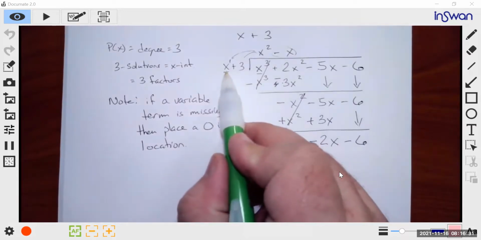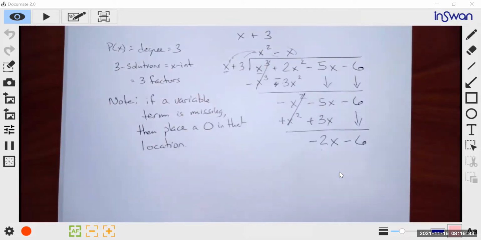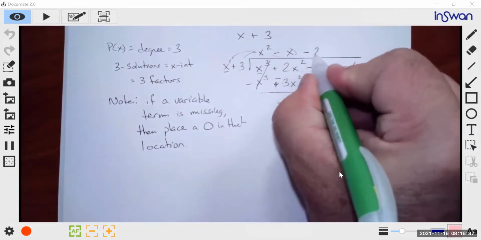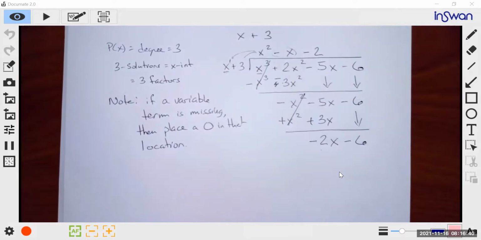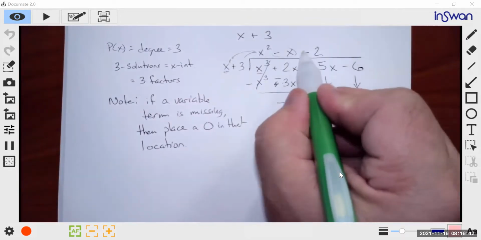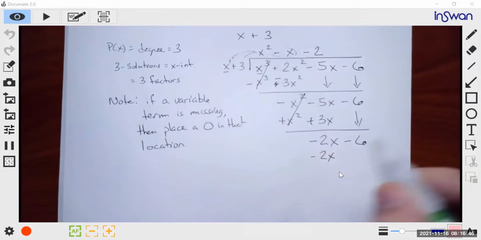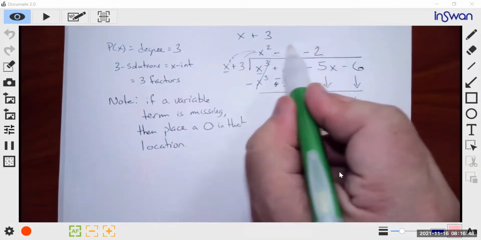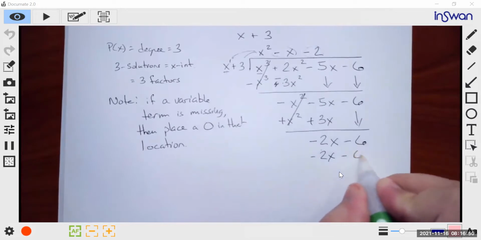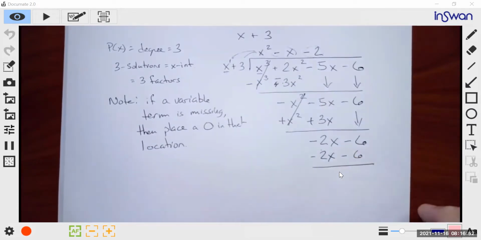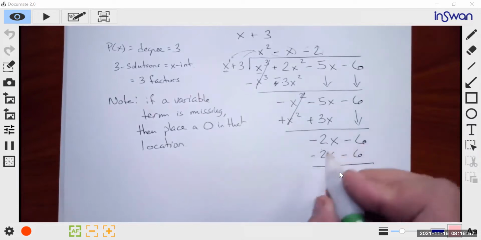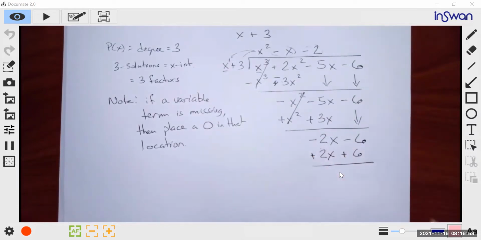First terms, what times x gives me -2x? -2. So take -2 times x gives me -2x. -2 times +3 is -6. Change the signs and add.